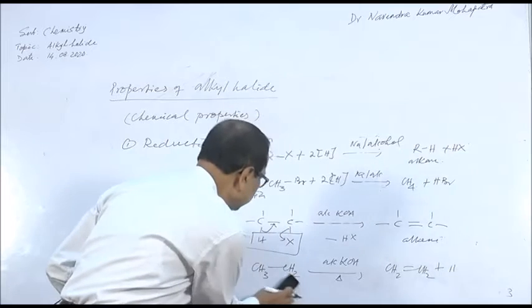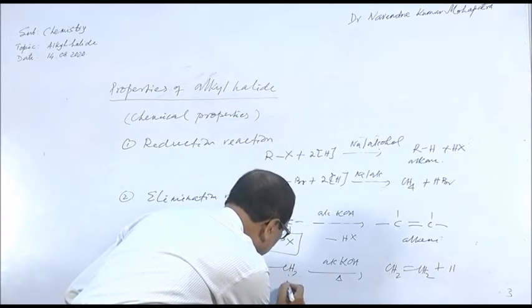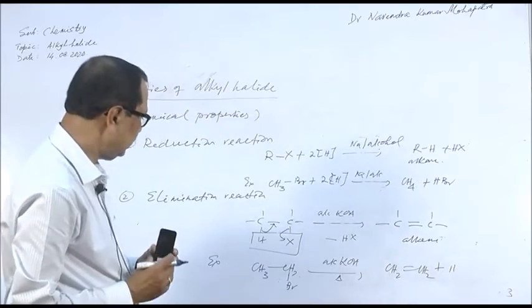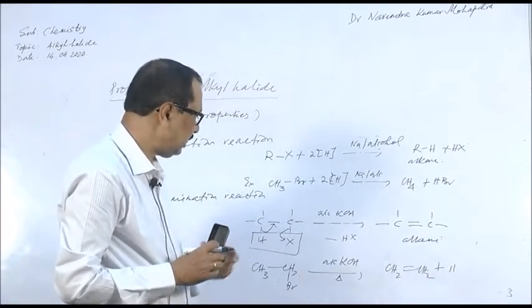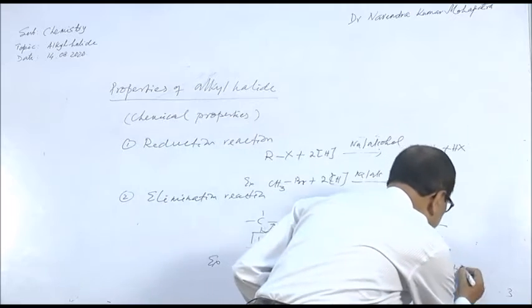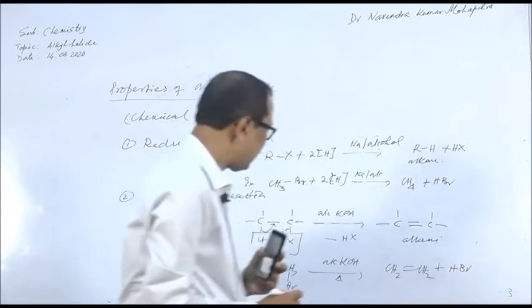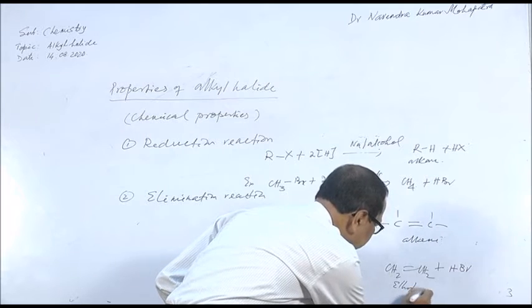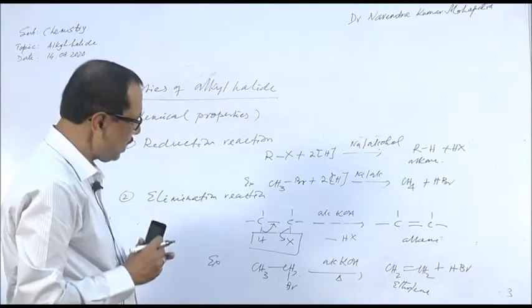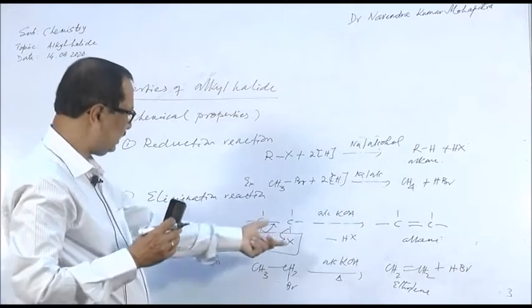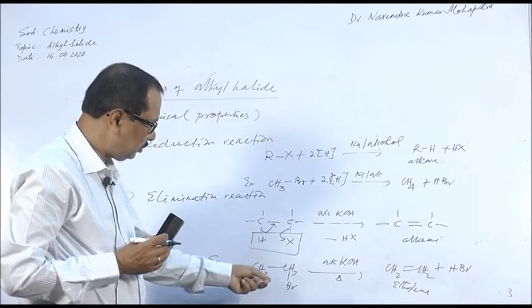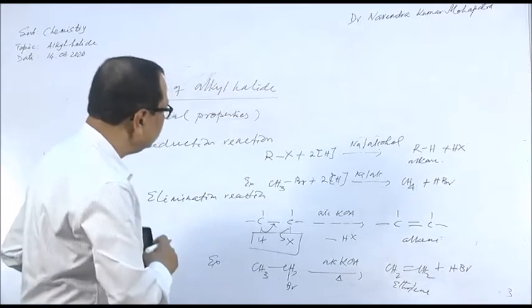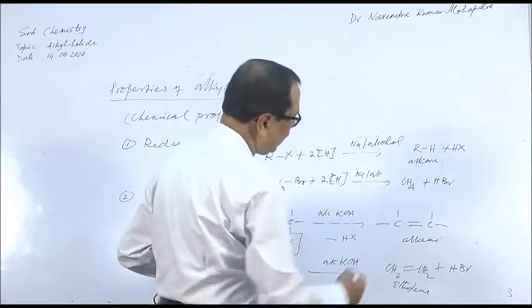Sorry, when ethyl bromide is treated with alcoholic KOH, you will get CH2=CH2 plus HBr. So this is ethylene or ethene. Therefore, wherever there is an alkyl halide containing more than one carbon atom, you can get alkenes.